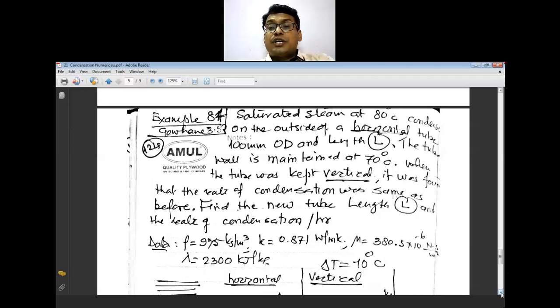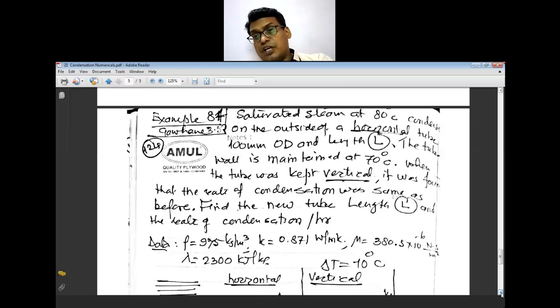The saturated steam, which is at 80 degrees Celsius, condenses on the outside of a horizontal tube. The tube wall is maintained at 70 degrees Celsius. When the tube was kept vertical, what was the rate of condensation?